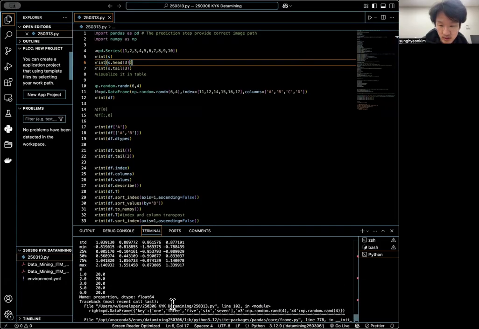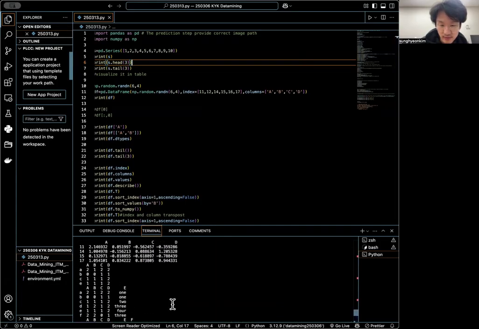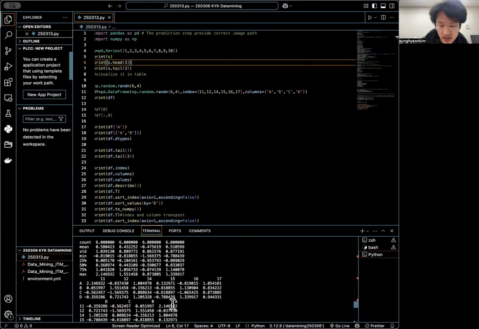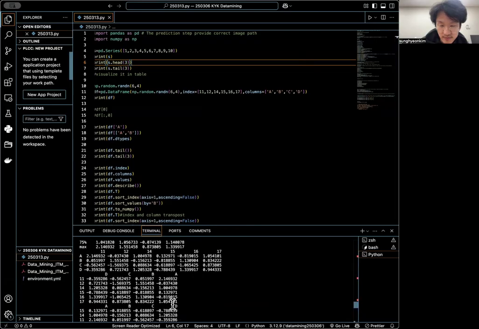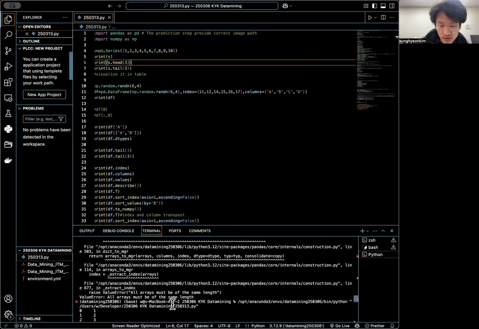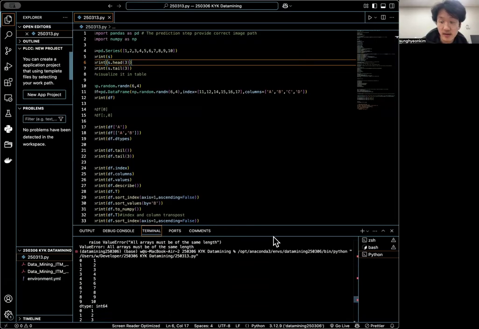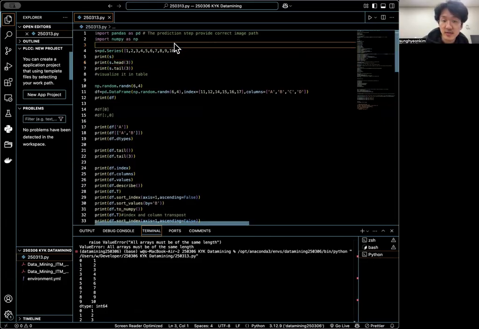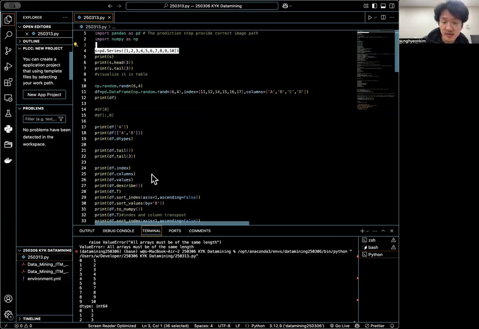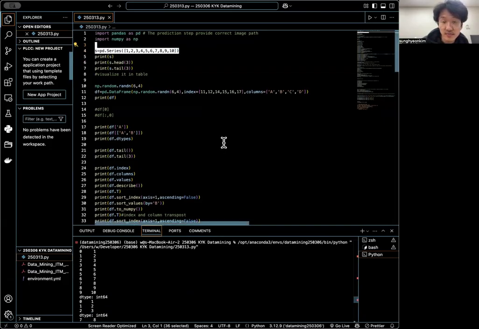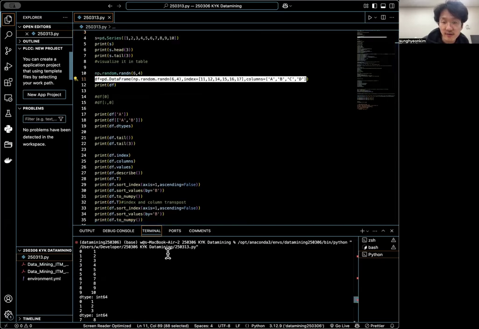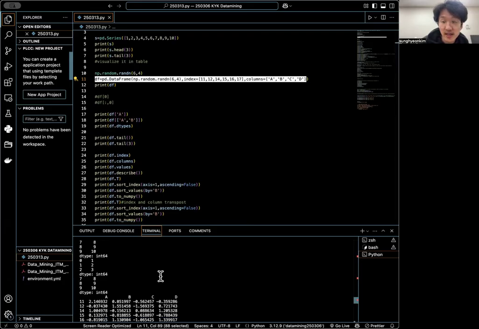There's currently an error at line 102, but before that, we can still see the things I've generated. So I made it as a series. If I print it out, from 1 to 10, it printed out. And I made a data frame here, which is generated randomly.